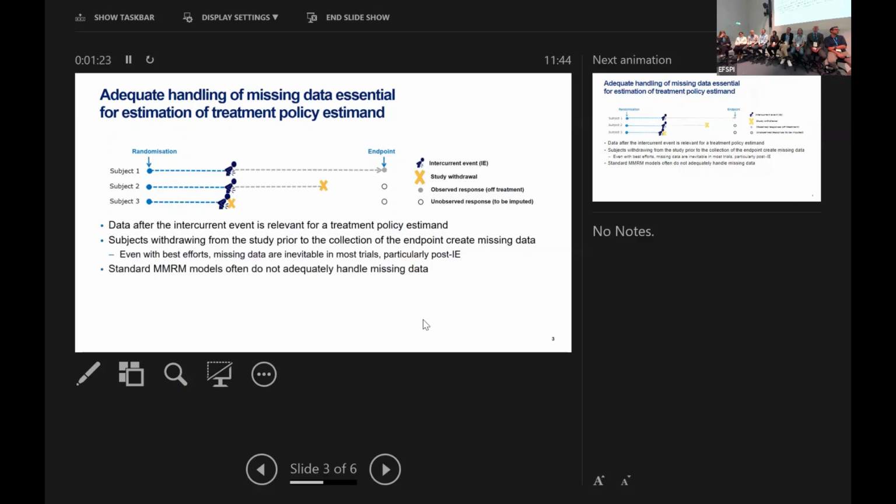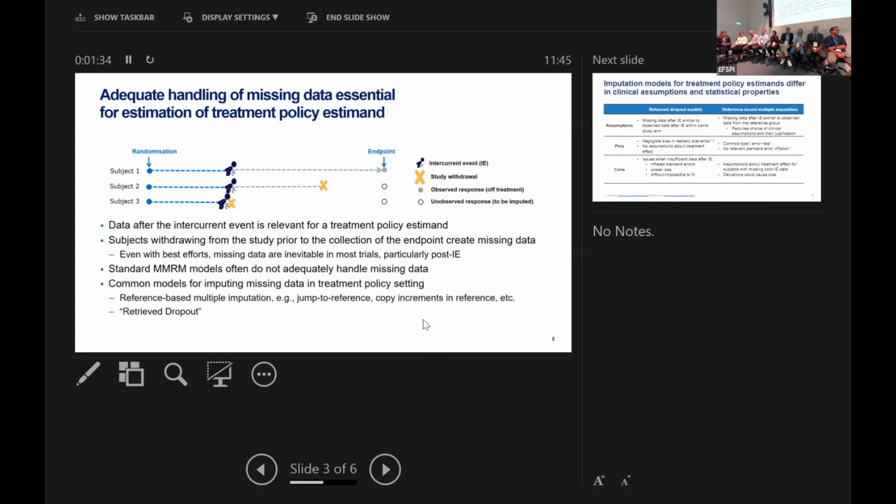And one way that often does not do this appropriately is using a standard MMRM approach. Instead, what we should do is impute the missing data. And the two most common approaches are a reference-based imputation, such as jump to reference, copy increment reference, or copy reference, or retrieve dropout models.